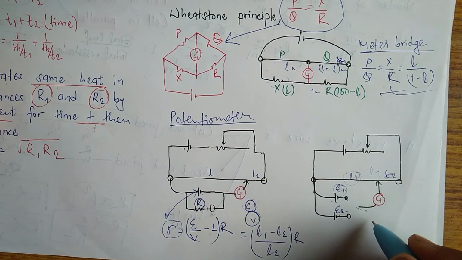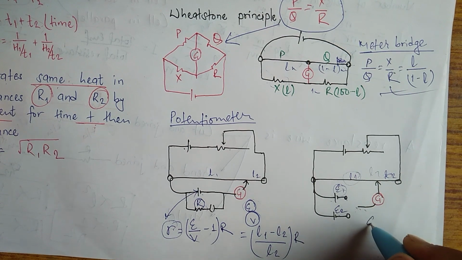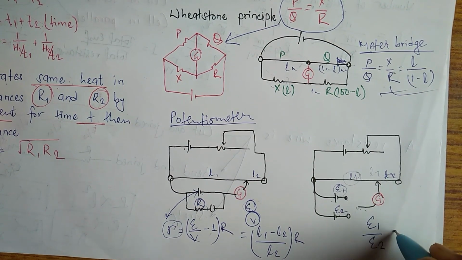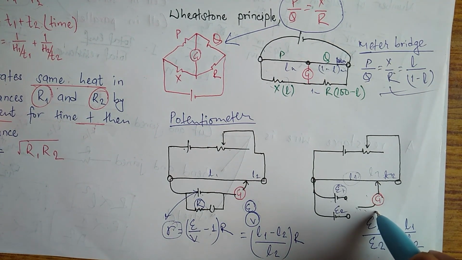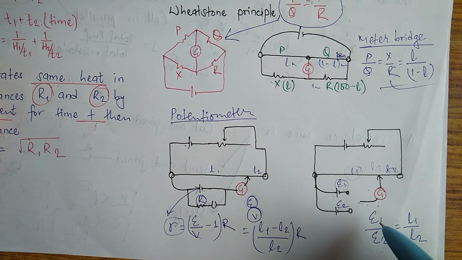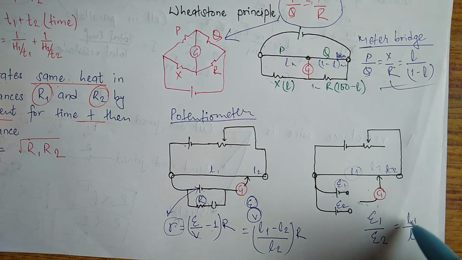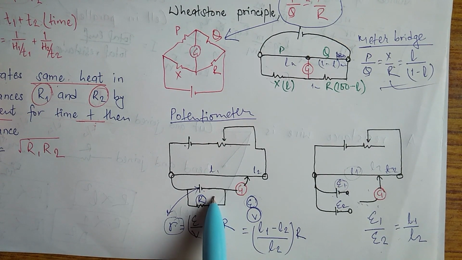So E1 by E2 is equal to L1 by L2. In this way we can find the EMF of a cell and the resistance of a cell by using a potentiometer.